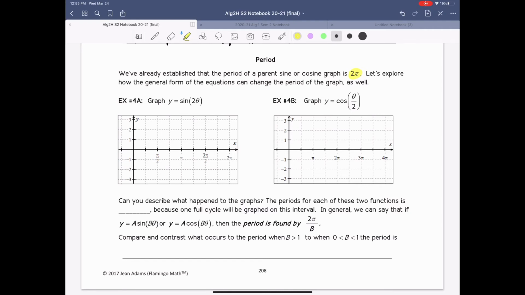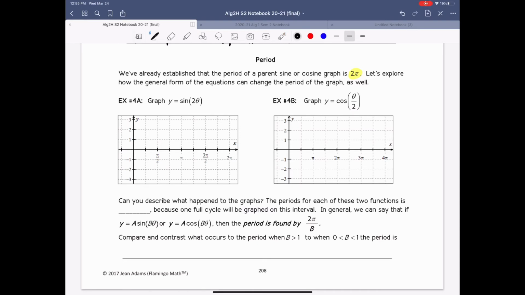So here's the deal. Let's look at example number 4a. We have y equals sine of 2 theta. We have a number inside of our parentheses that is attached to theta. So essentially, we are taking the sine of some multiple of theta. If you see this, that means that we are adjusting the period of that graph.